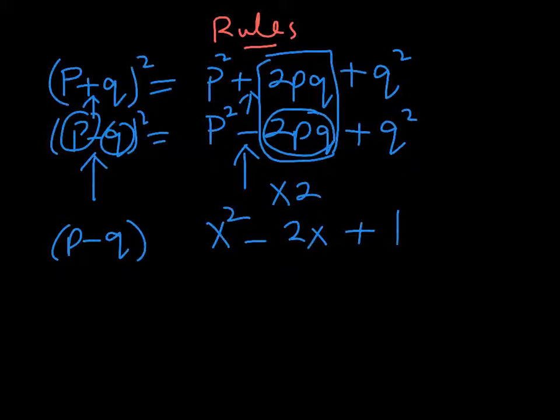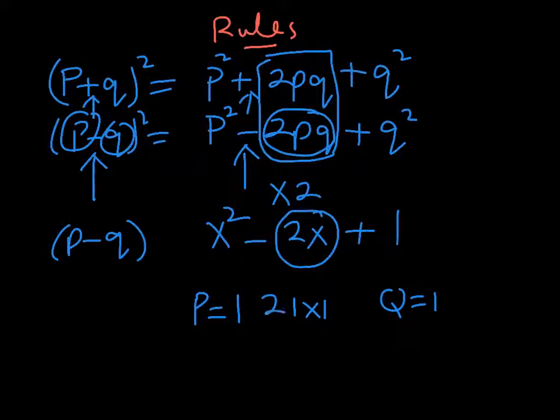How do I know that? Because if you look at this, the middle term is 2 times P and Q. What is P here? P is equal to 1. Q is also equal to 1, isn't it? So when you multiply 1 times 1, what do you have? 1. And then 2 times that is 2. So we see that we have a perfect square there.